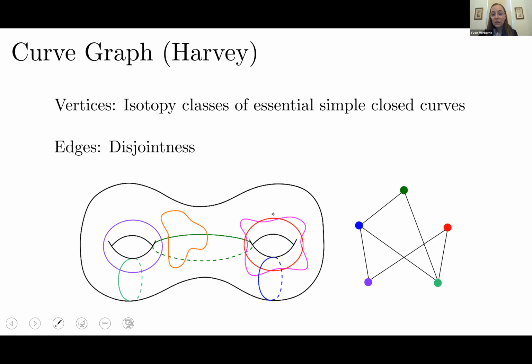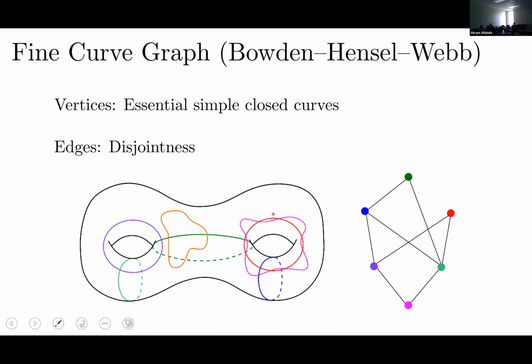A quick question: this isn't homotopy classes of curves. These are all curves, all images of injective mappings. Correct. So we're not looking at... Are different parameterizations of the same image...? Yes, this pink curve here and the red curve, even though they're in the same homotopy class, they each correspond to their own unique vertex in the fine curve graph.